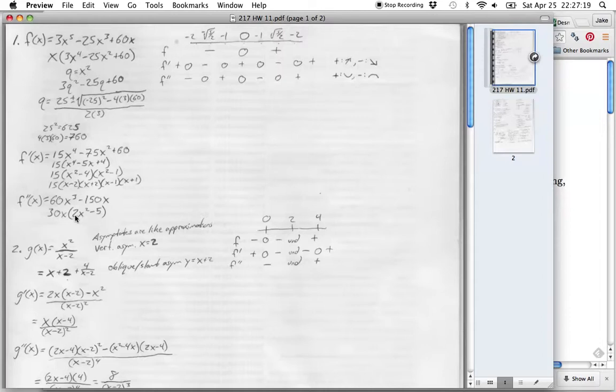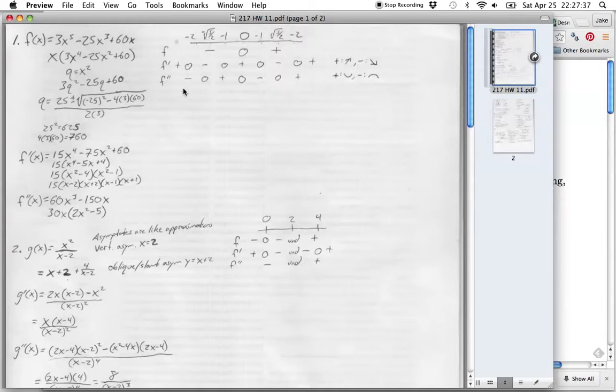So here I have the positive and negative roots of 5 halves. So I have a 0 there, a 0 from this 0, and another one on the positive side.